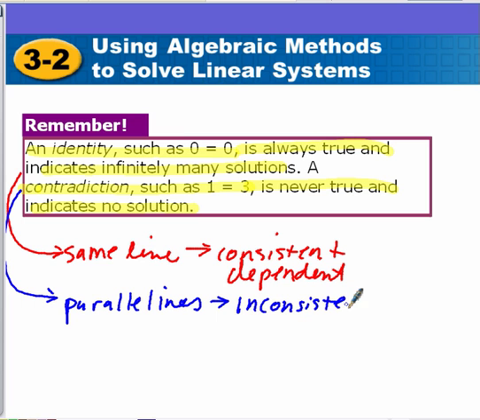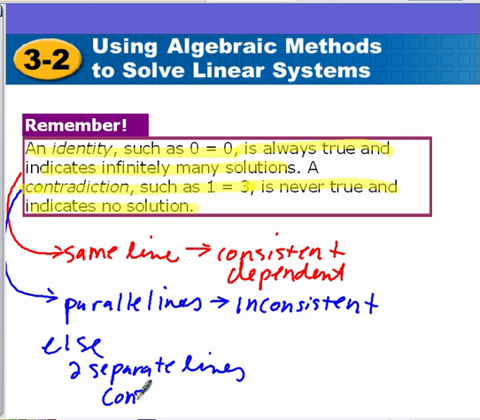Otherwise, it's going to be two separate lines, which means it's going to be consistent, meaning it has at least one solution, and independent. So you're either going to get a solution or you're going to get an identity or a contradiction.